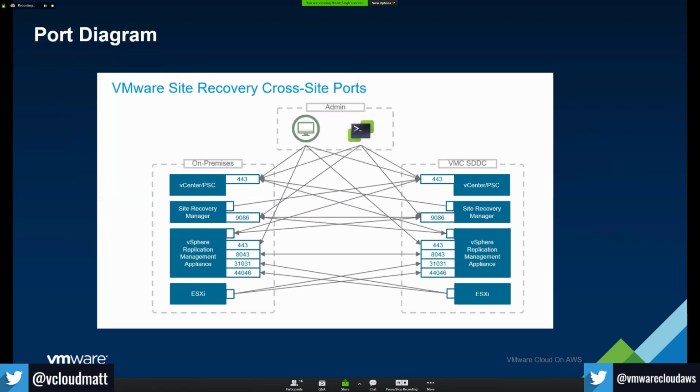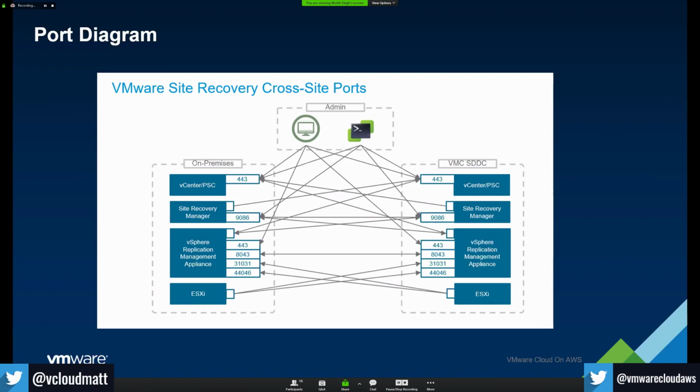So this is the port diagram I was referring to. It includes all the necessary ports, and it also tells you which component on the cloud side is talking to which component on the on-premises data center. Accordingly, you can create firewall rules on your on-premises firewall.